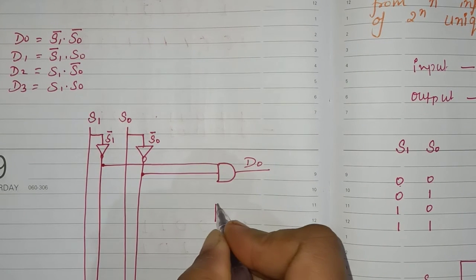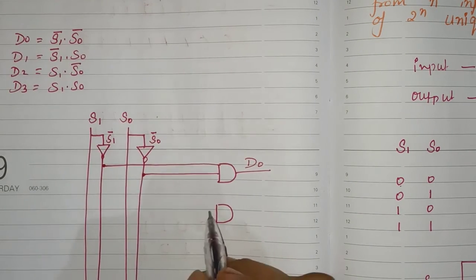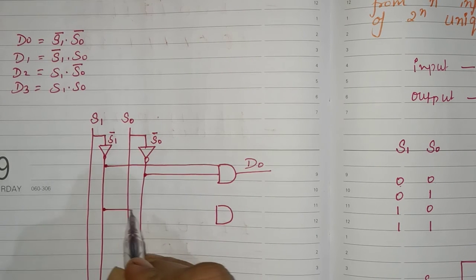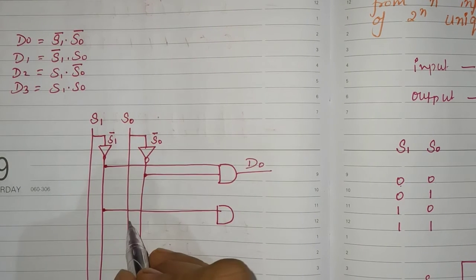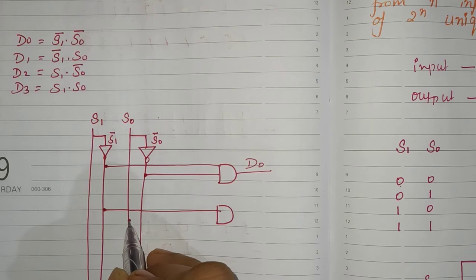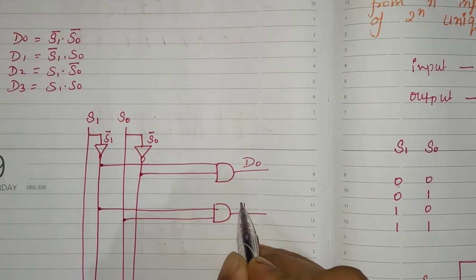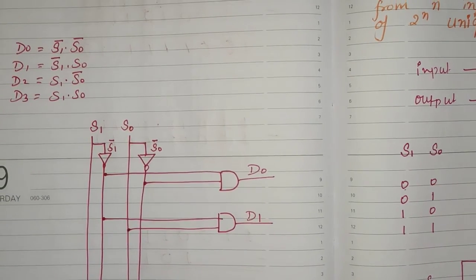Here we draw the AND gate. We pass S1 bar and S0 without bar, from this line. Here we get D1. Clear?